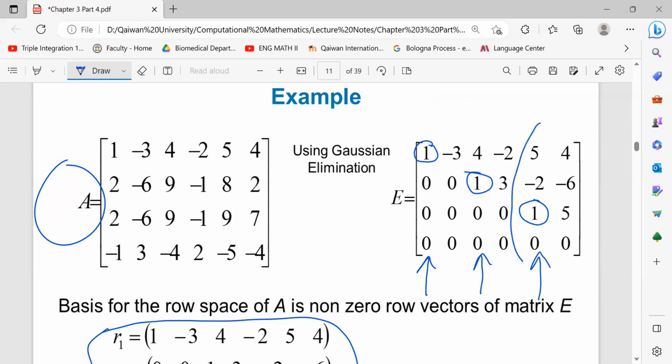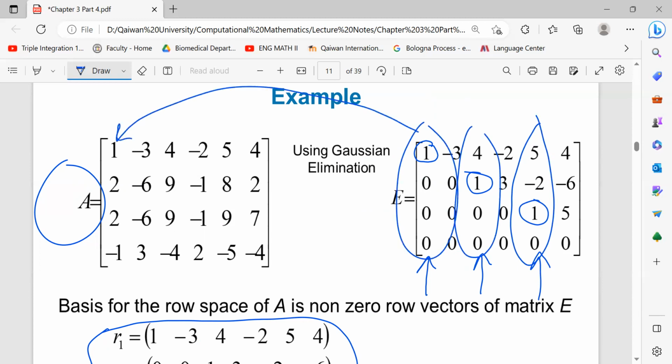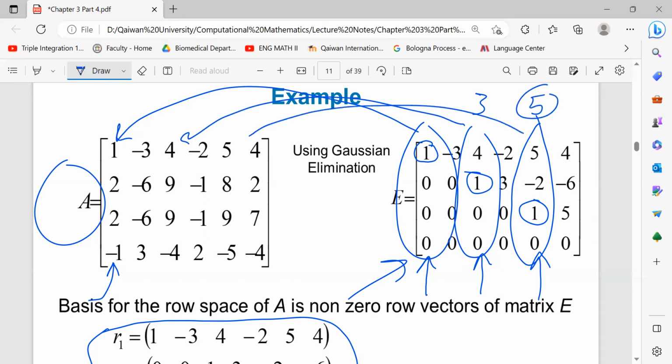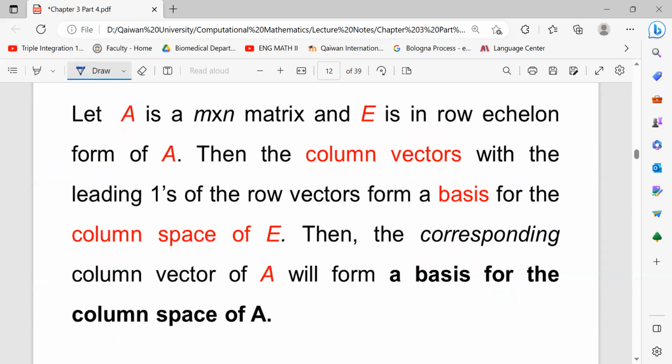Not these 3 columns. We don't choose these 3 columns here. We choose the corresponding columns in matrix A. So it's column 1. We choose column 1 in matrix A. It's column 3. We choose column 3 in matrix A. This is 5. We choose column 5 in matrix A. These 3 columns are the basis for the column space.